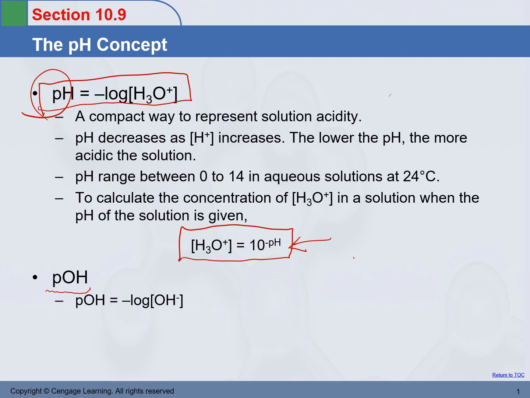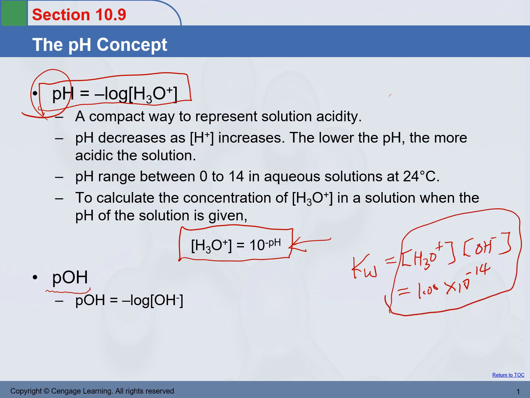Remember we introduced Kw in the last episode. Kw is the product of hydronium ion concentration and hydroxide ion concentration, which is 1 times 10 to the power of negative 14 at 25 degrees Celsius. Do you remember that? Because of this, pH plus pOH will always equal 14.